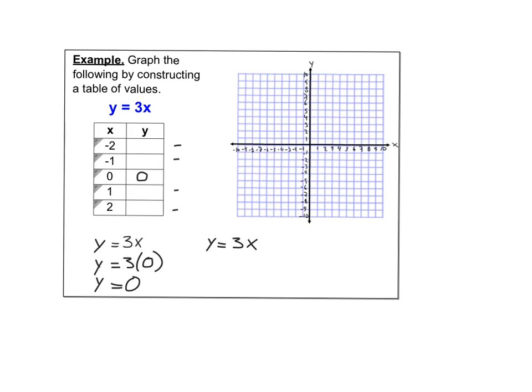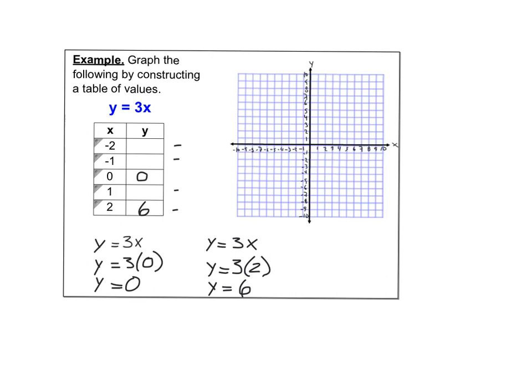And remember, I said I'm going to do when x is equal to 2. So if x is equal to 2, then anytime I see an x, I'm going to replace it with the number 2. This gives me 6 because 3 times 2 is 6. And I'm just going to put that into my table.